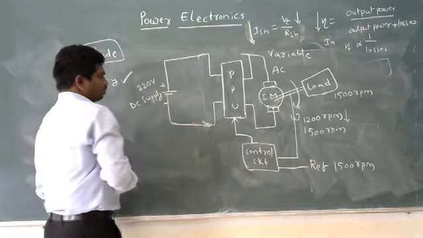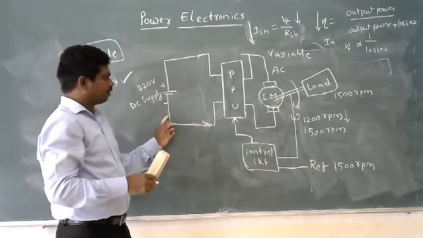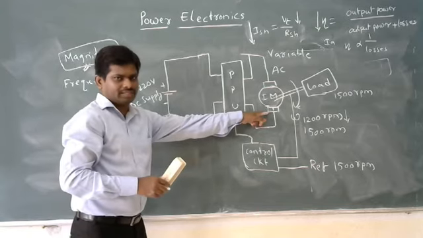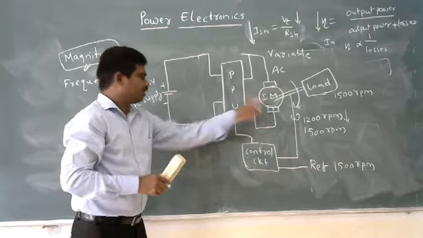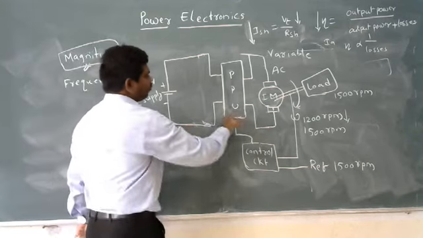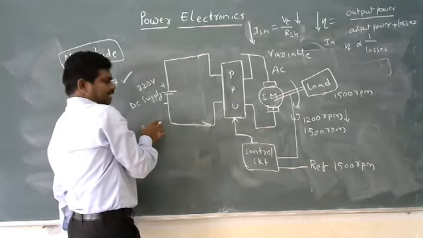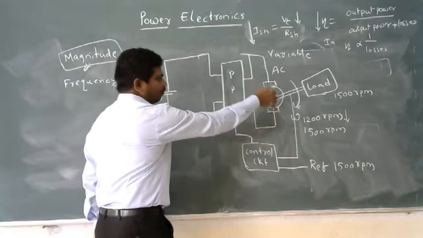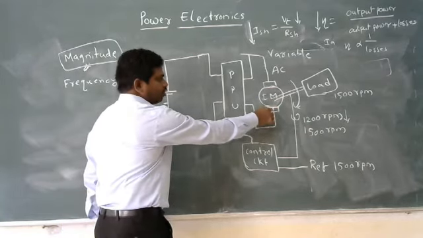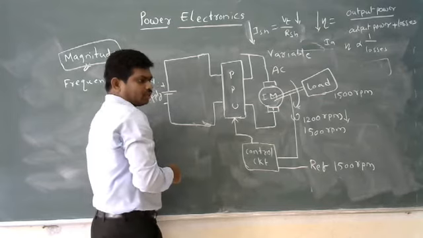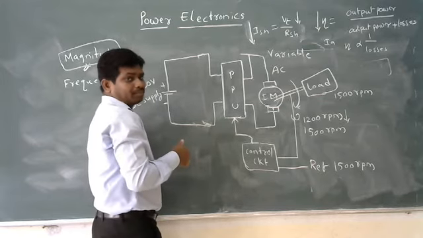Right? So this DC supply must be converted into variable AC. We are placing one PPU, power processing unit, to convert this fixed DC values into variable AC values, because the induction motor requires a variable AC supply.